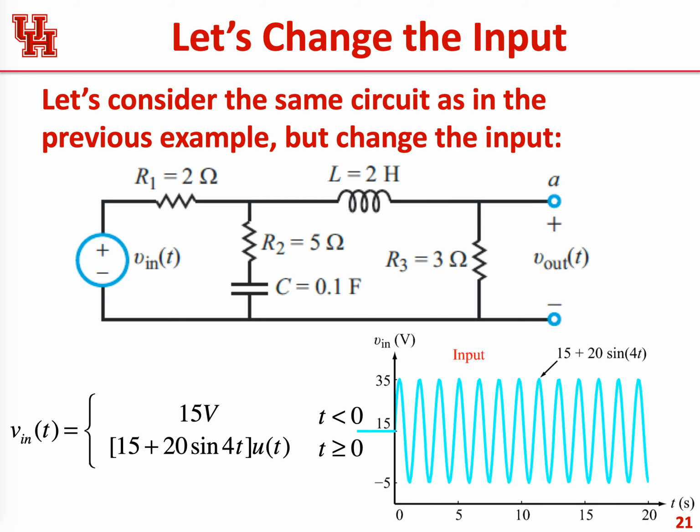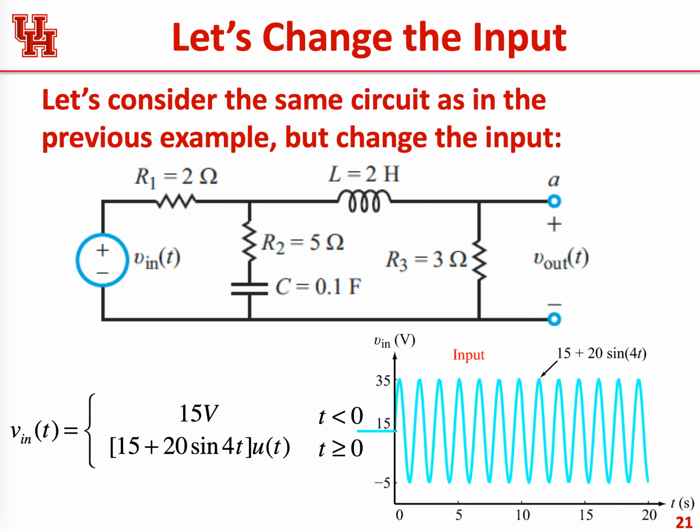Now, for the same circuit, if we were to change the input, and this is an interesting input, it's kind of like turning on the AC power. If you look at the time from minus infinity all the way to 0, this was at DC 15 volts, just like what we had in the previous example.